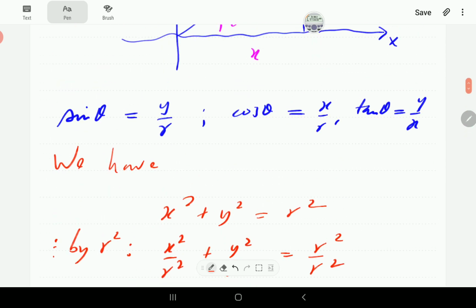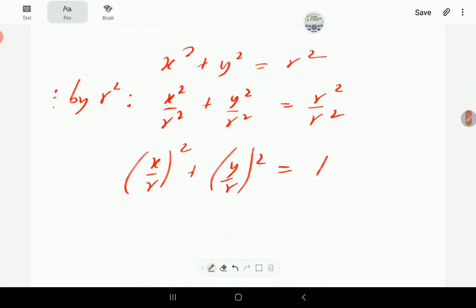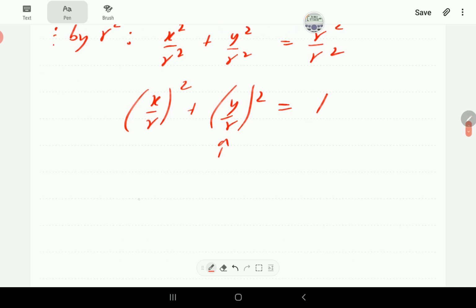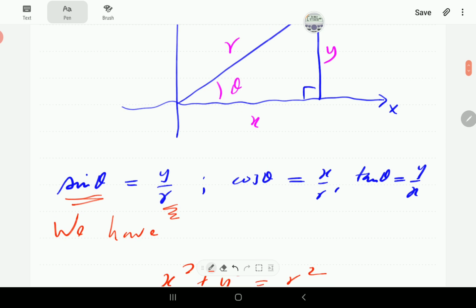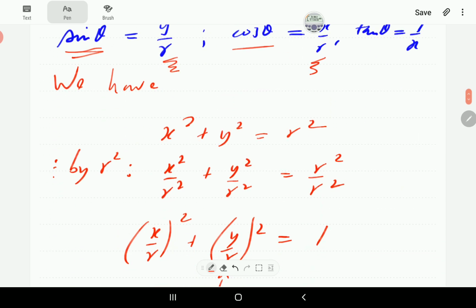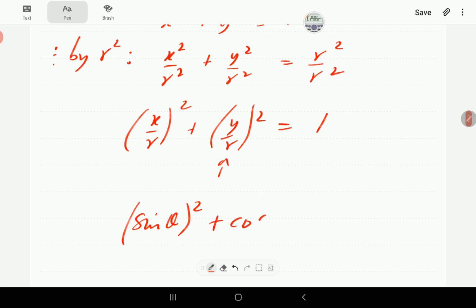However, y over r is sine theta, so it means we can plug in sine theta squared there. x over r is cosine theta, so we can plug in cosine theta squared there.